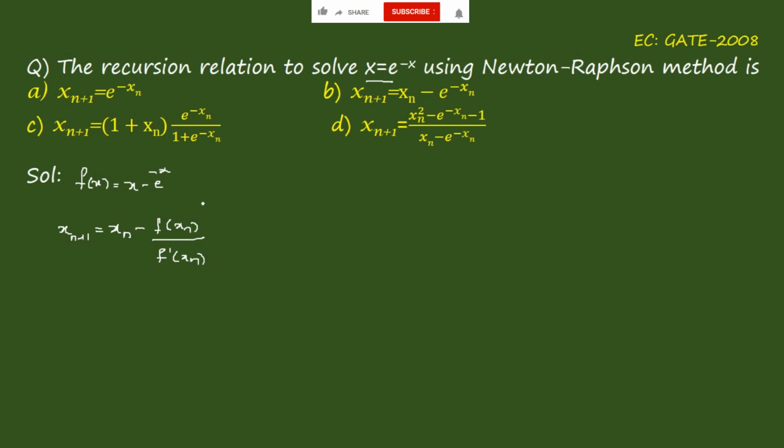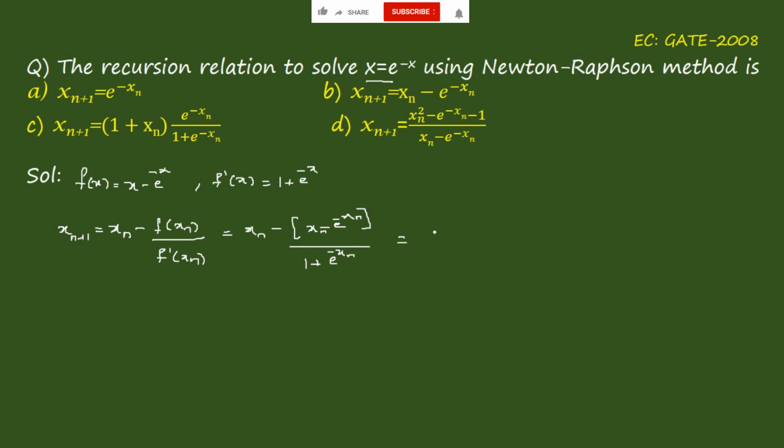Now f dash of x is equal to 1 plus e power minus x. Substituting the values, we get x of n minus (x of n minus e power minus x of n) by (1 plus e power minus x of n).